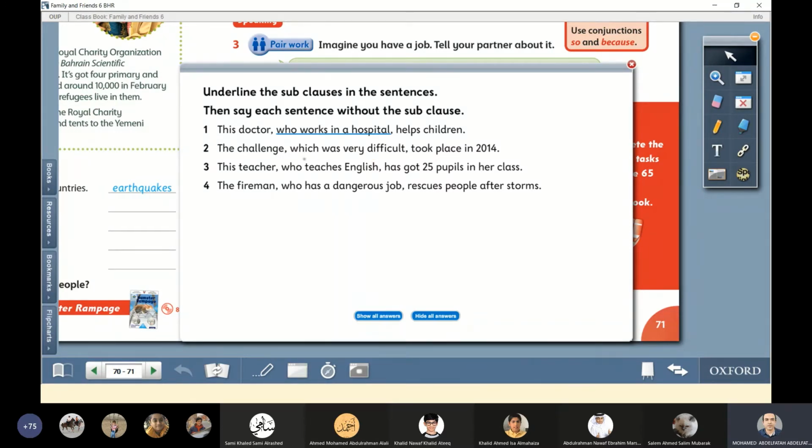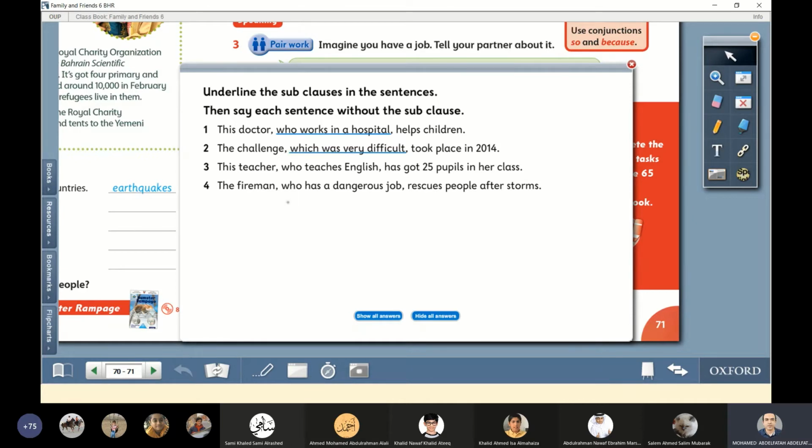The part here, which was very difficult, is called in English subordinate clause. Why? Because it starts with the relative pronoun which. Like sentence number 1, we started the subordinate clause with the relative pronoun who, and in number 2, we started the subordinate clause with the relative pronoun which.